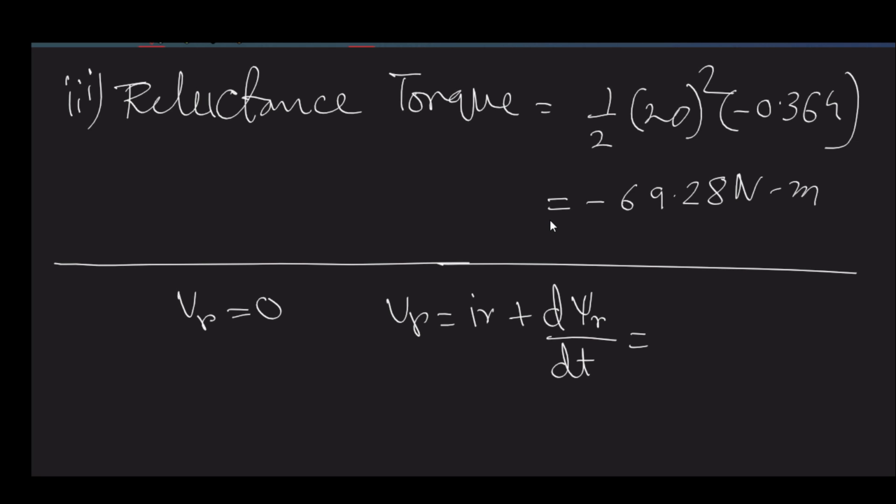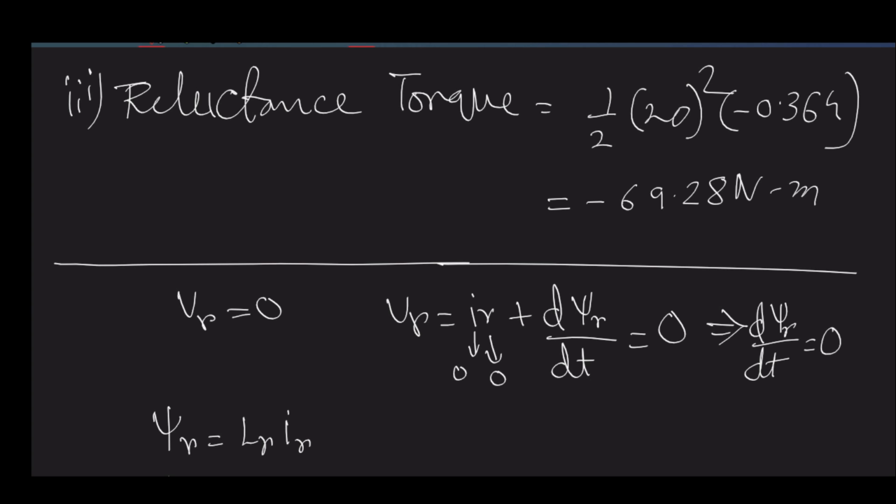So if VR is equal to 0, then we have already considered I0 and R0, so this implies d psi r dt is equal to 0, right? Now what is psi r? Psi r is equal to LR IR, we cannot say IR is 0, plus MRS IS, right?